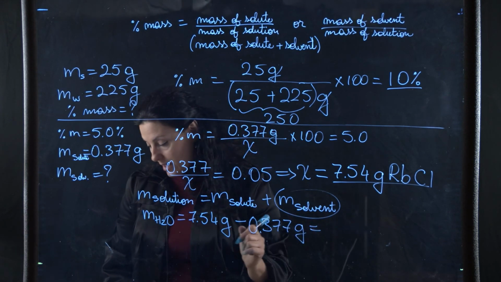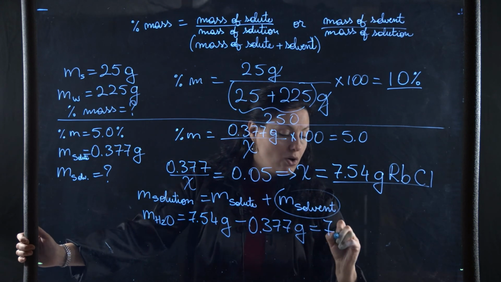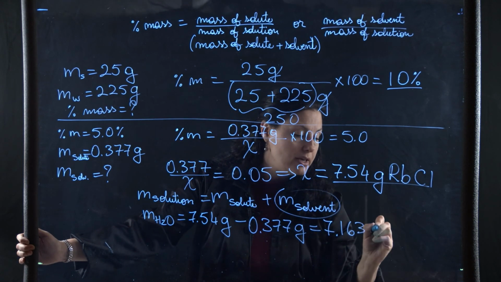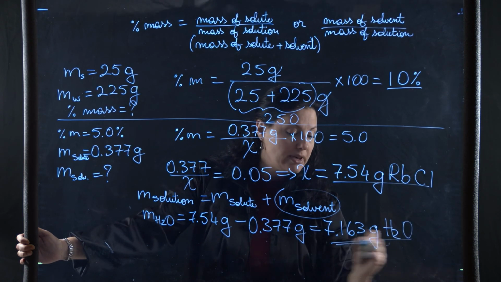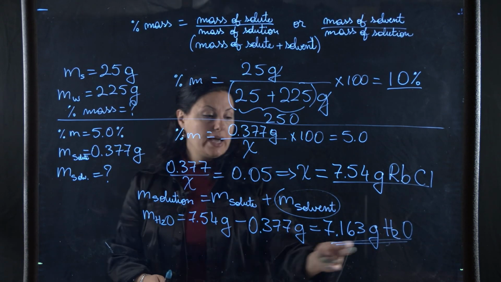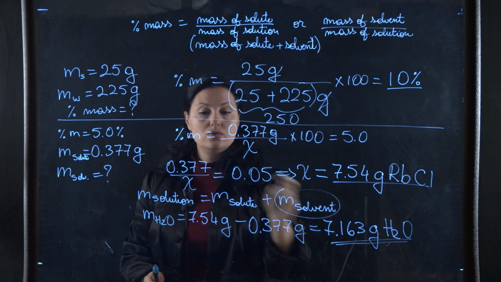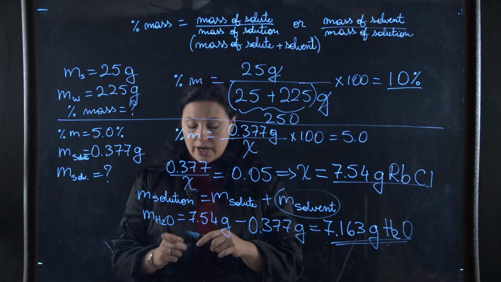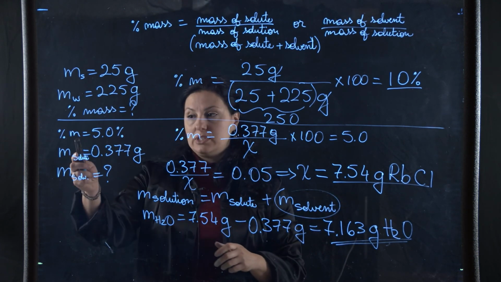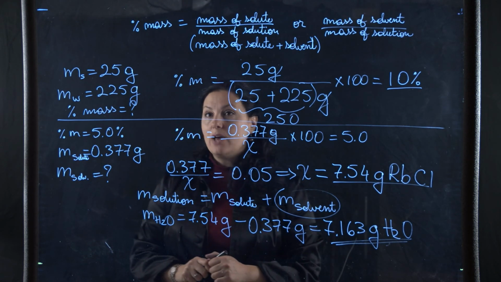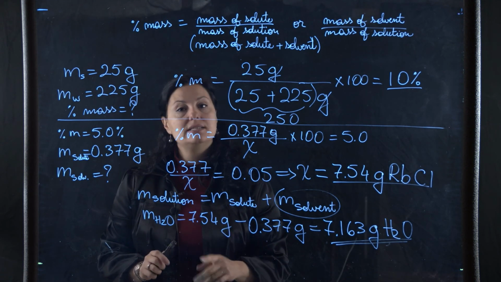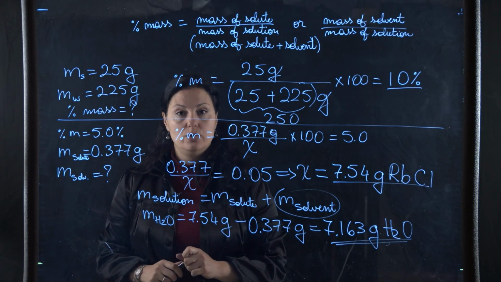And you should get 7.163 grams of water. That is the mass of my solvent. That is how much water I need to dissolve 0.377 grams to get a 5% solution of rubidium chloride. Okay, I will once again pause, erase this, and then we'll move on to problem 5.